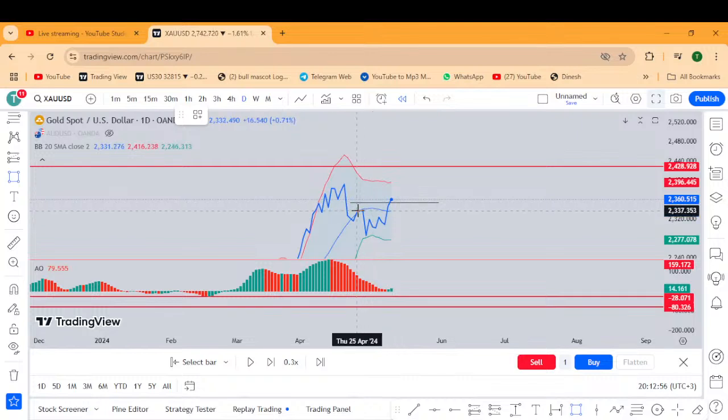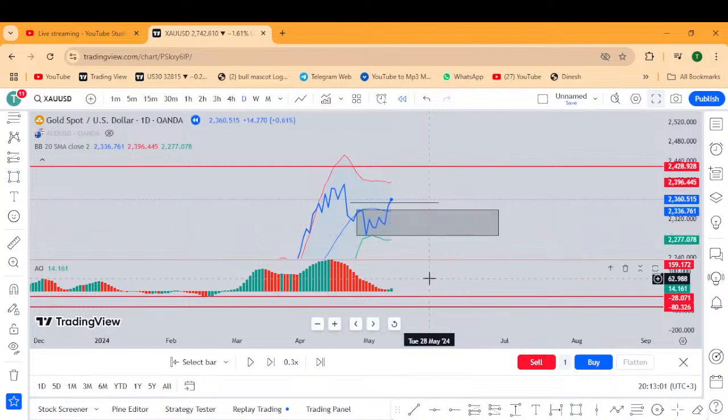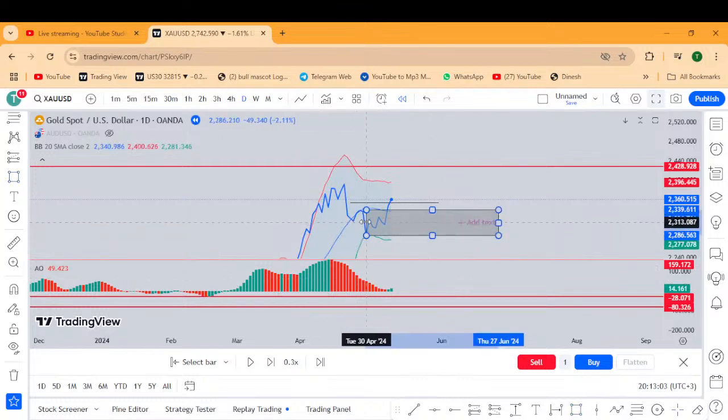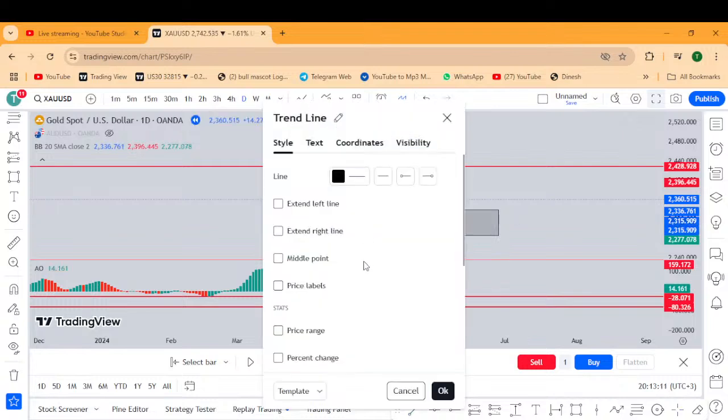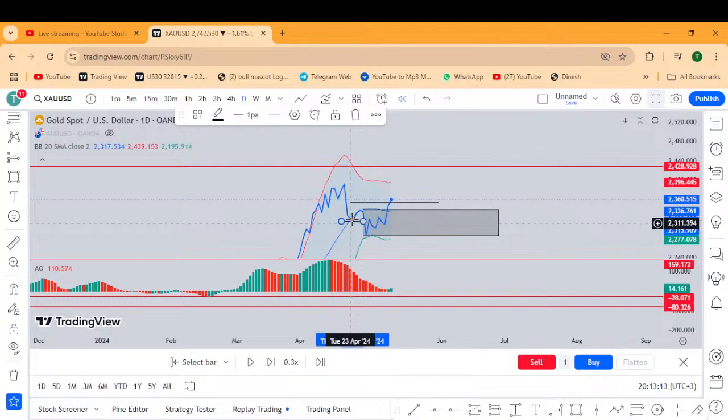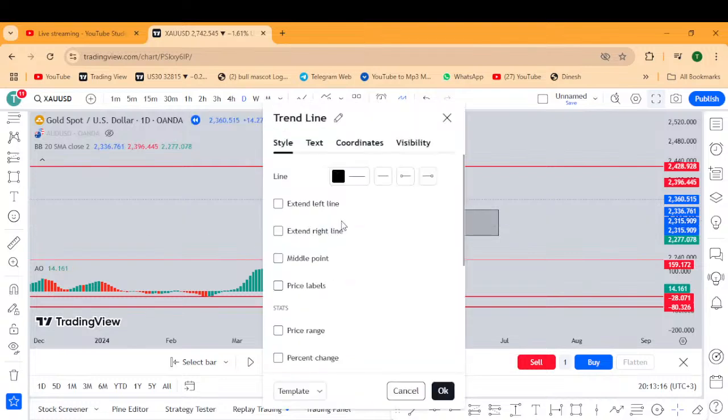You can see this. It is still fresh and unmitigated, not been mitigated yet. When we look on the left hand side, we are seeing this low being taken out, meaning that I would call it liquidity strip.